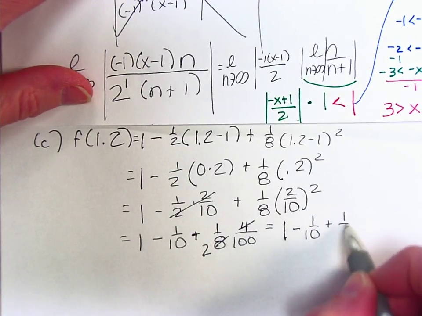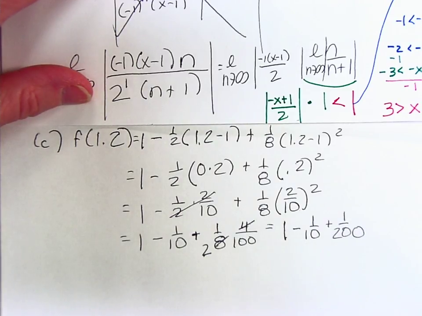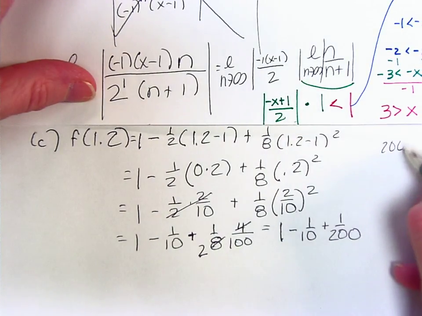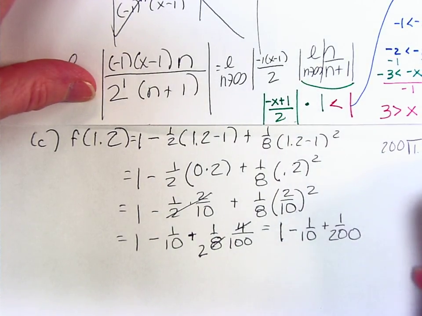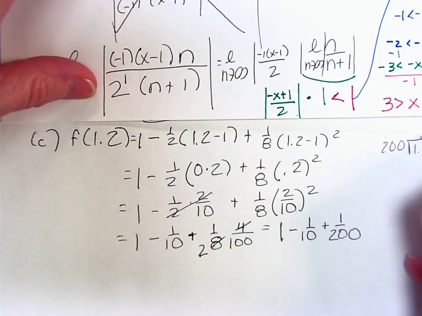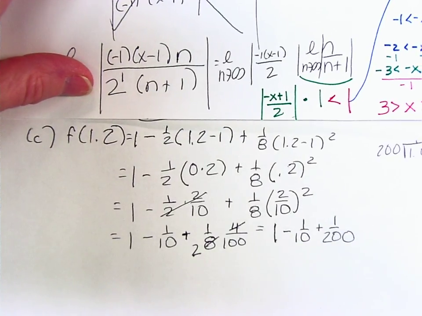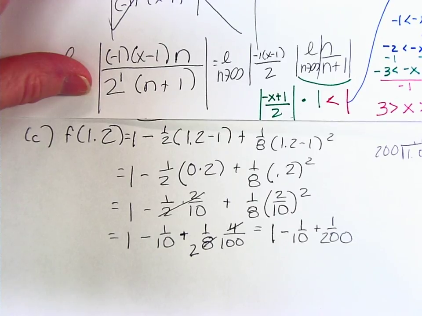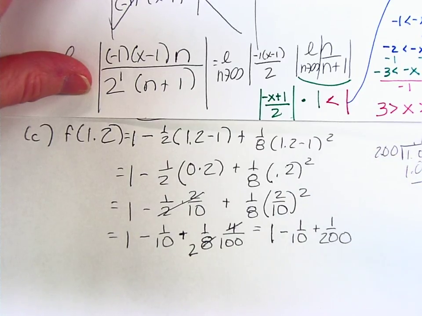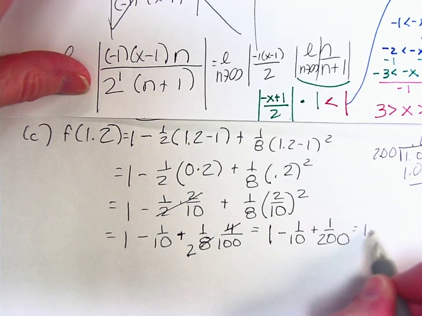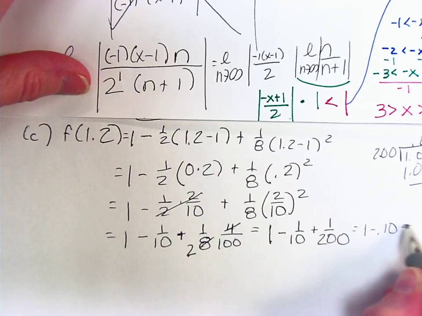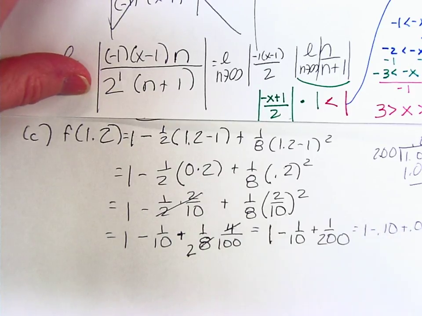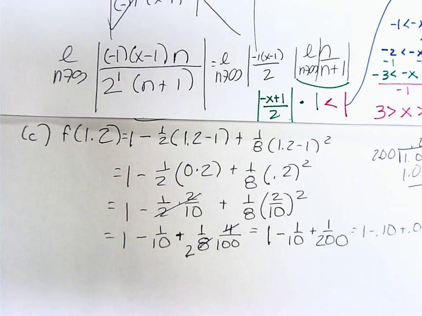Plus 1 over 200. Now, if you don't know what 1 over 200 is, take 200, go into 1. 0.005. I think that's right. 0.005 times 2 is 10. I think that's right. Let's hope so. So this is 1 minus 0.1 plus 0.005. Close enough.